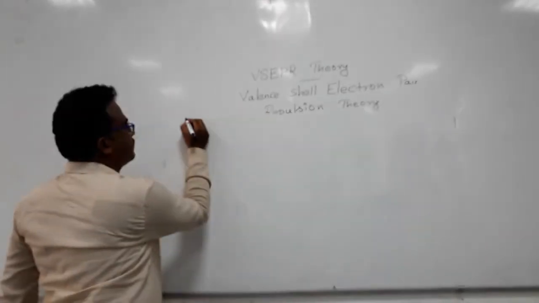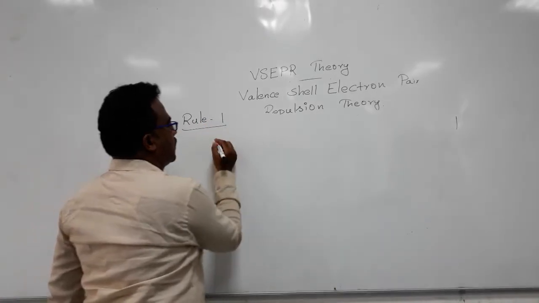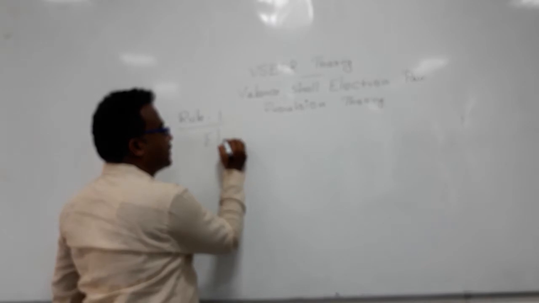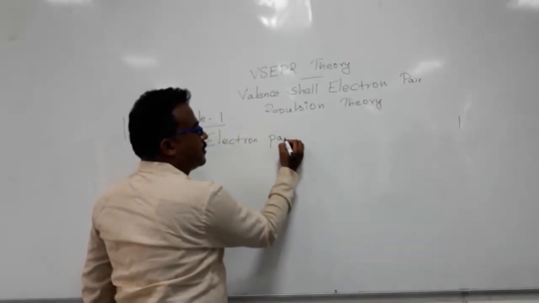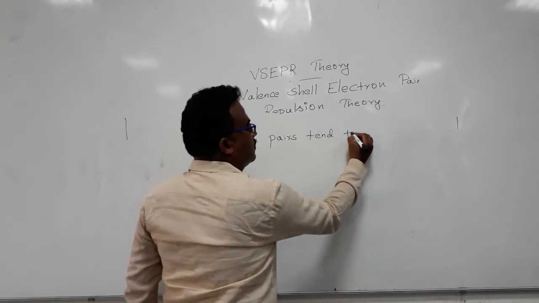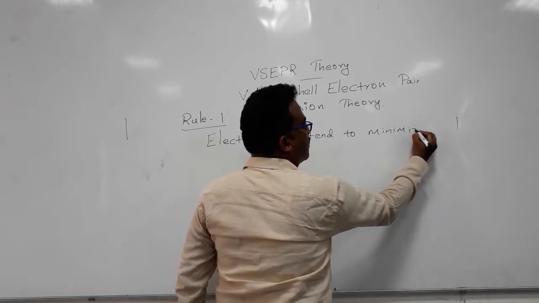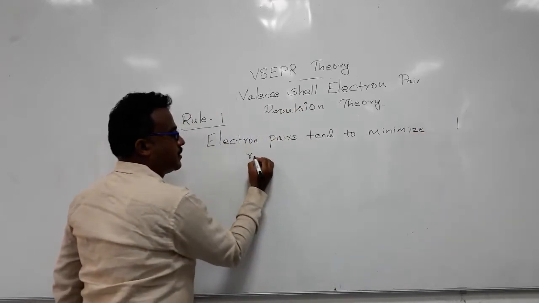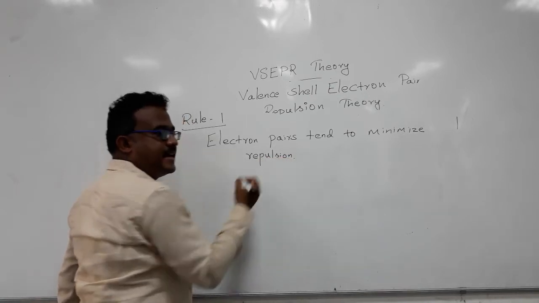Rule 1. Electron pairs tend to minimize repulsions. What does it mean?